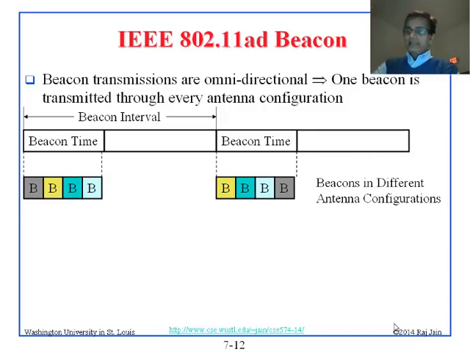That's why here I have shown 4 beacons. 4 beacons are transmitted in this beacon interval, in this super frame. 4 beacons are transmitted in the second super frame, except that the starting point is rotated. Here the starting point was gray, here the starting point is blue, and the next starting point is yellow. The next starting point will be blue, and so on.